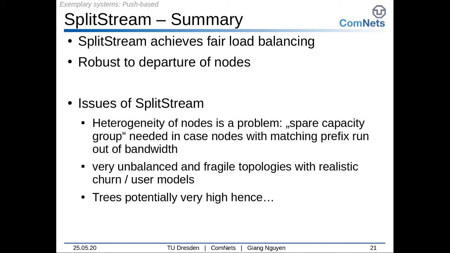The third issue of SplitStream is that the trees can be very high. Why? There's no optimization of the tree to make it flat. What is the consequence of a high tree?